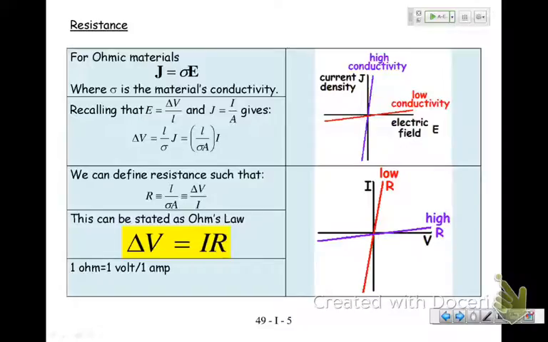If you took an old filament type light bulb and you turned up the voltage on it, you'd find that the current would not be linear because there's a heating effect taking place. There's a heating effect with resistors, but it's not so extreme. So what we find is that for a nice resistor, it's a nice linear relationship.